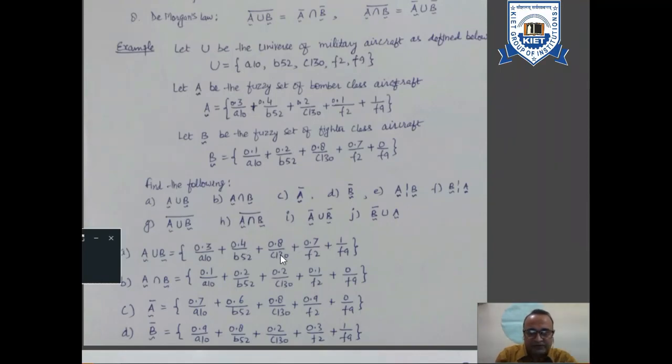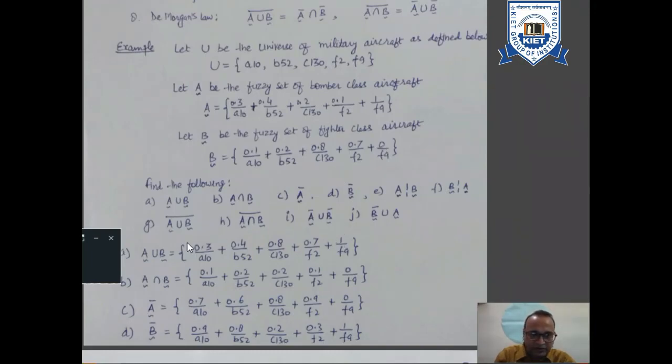Now for C130 aircraft, it was having 0.2 membership value in set A and 0.8 membership value in set B, so we will keep the higher value, that is 0.8 will be here. Similarly 0.7 will come here, and for F9, membership value was 1 in A, and in fuzzy set B membership value is 0, so take the higher one and we will mark here 1.